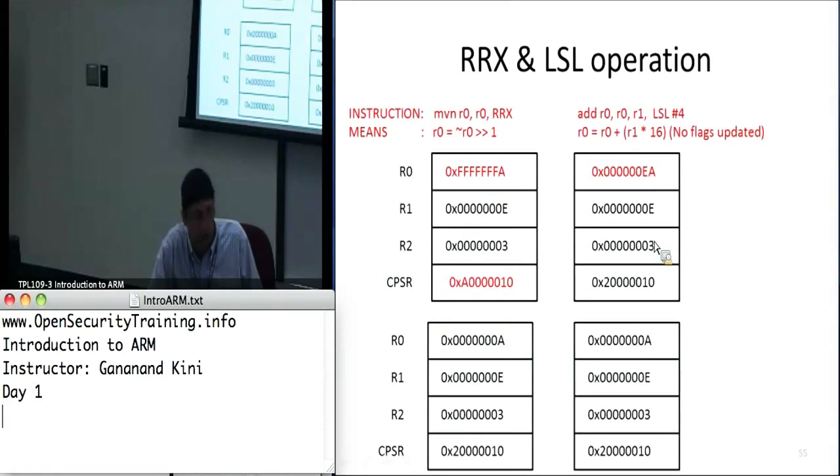It takes the value, rotates right by 1 bit, and since you're doing a move negative, it's taking the complement of the value in R0 and then shifting it by 1 and storing it into R0. So this is a more complex example of how RRX works. And logical shift left, you've already seen, it's multiplying by 2 to the power of 4, and then adding it to the value in R0 and storing it in R0.